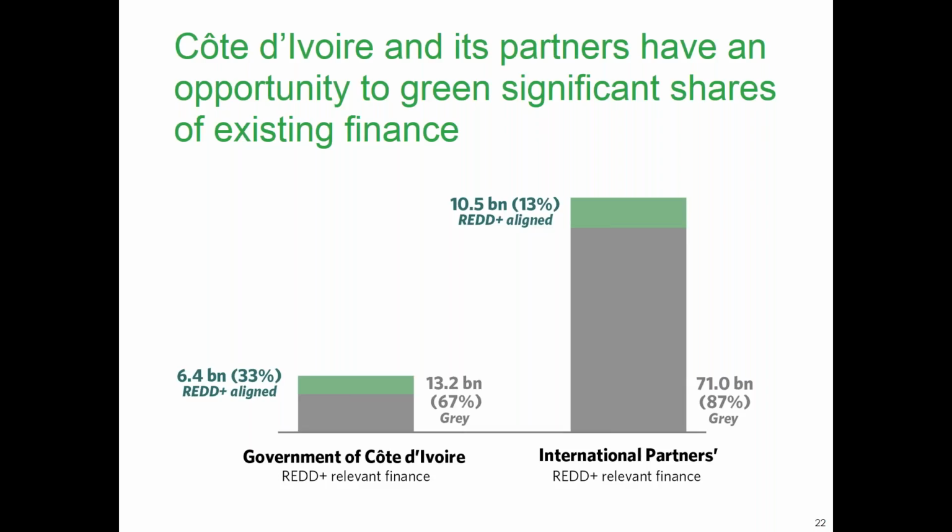To do this, to green existing flows of finance needs more work on enabling environments, to mainstream those REDD+ objectives in sectoral spending, to address land tenure risk, and involve strong land use planning.